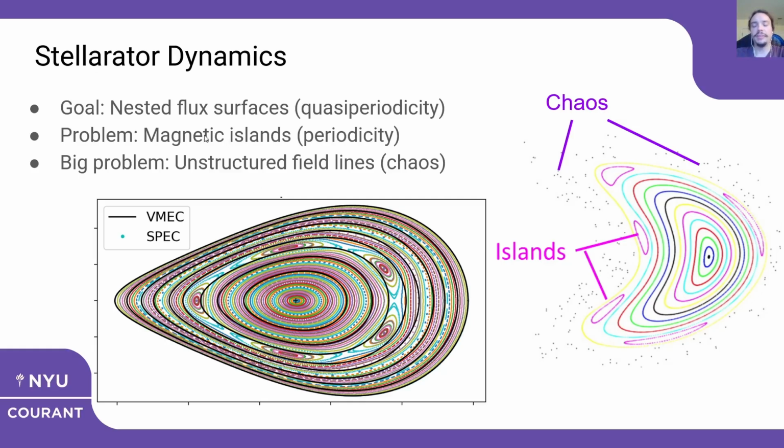Magnetic islands are actually a bit of a problem, and we're going to see why on the next slide. But the worst problem of all is when we lose the structure totally, and we end up with chaos. Sometimes the magnetic field lines just go all over the place, and they're totally unstructured. We really want to avoid this. It tends to happen near the walls of the reactor, so we want to reduce that region of chaos as much as possible.